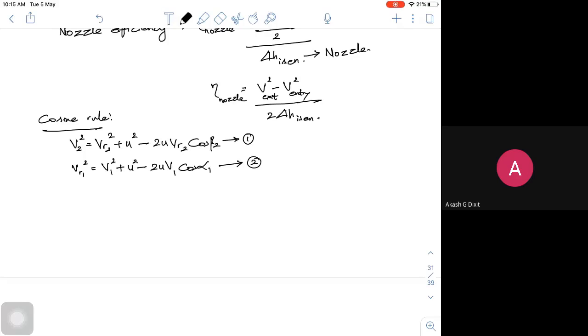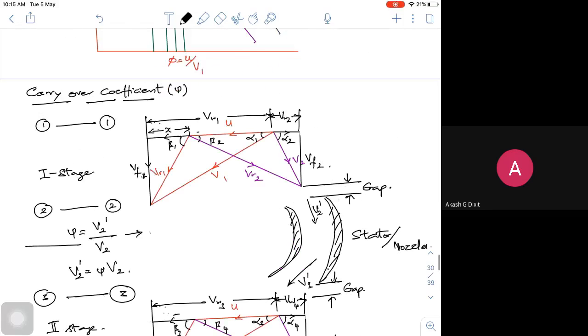So if I consider the inlet velocity triangle, what is my cos beta 1?